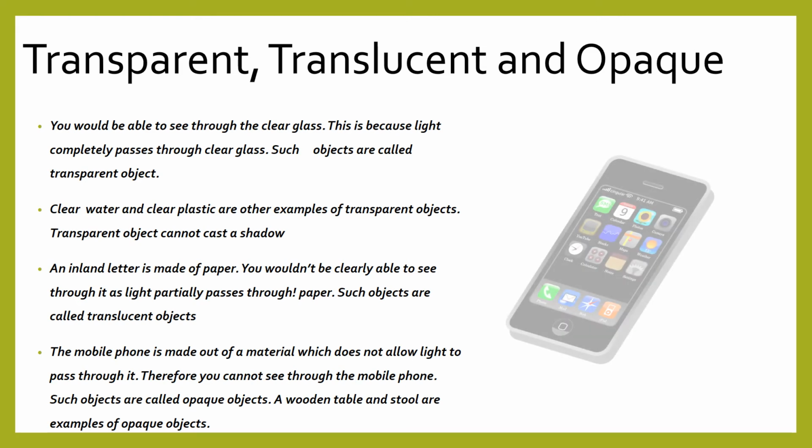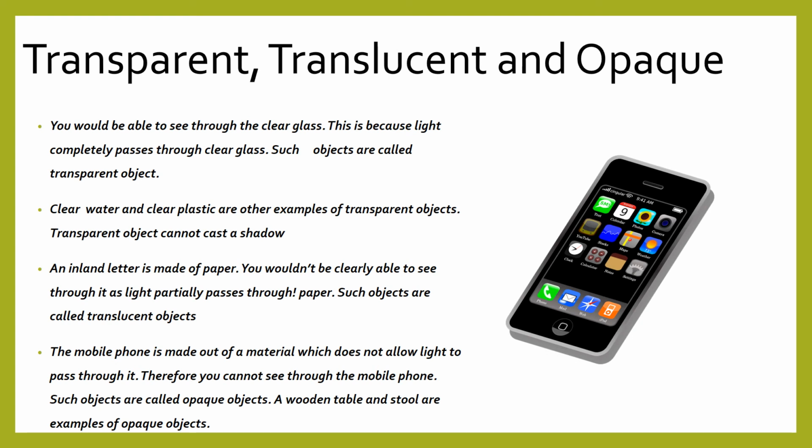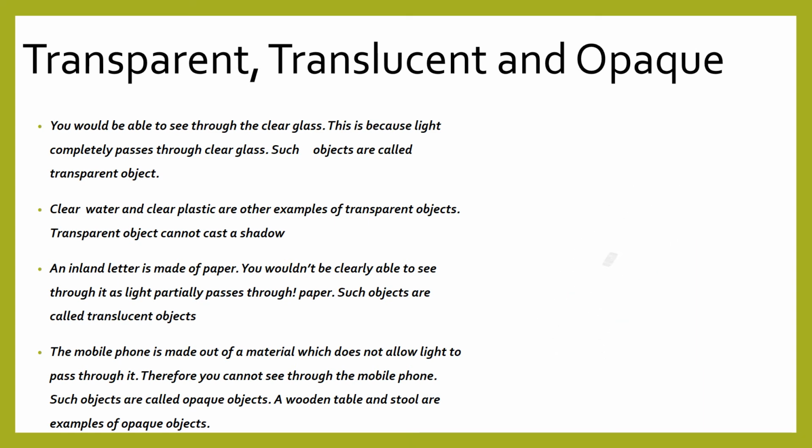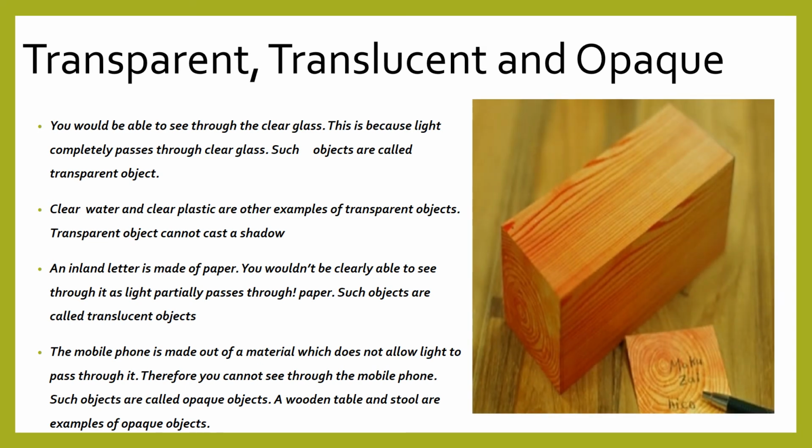Okay, now let's come to the mobile phone. Mobile phone is made out of materials which do not allow light to pass through. Therefore, you cannot see through the mobile phone. Such objects are called opaque objects. A wooden table and a stool are examples of opaque objects.